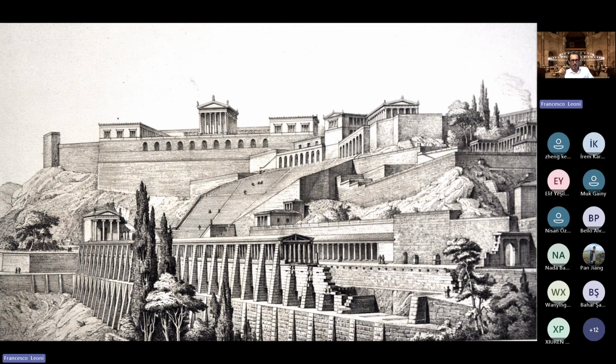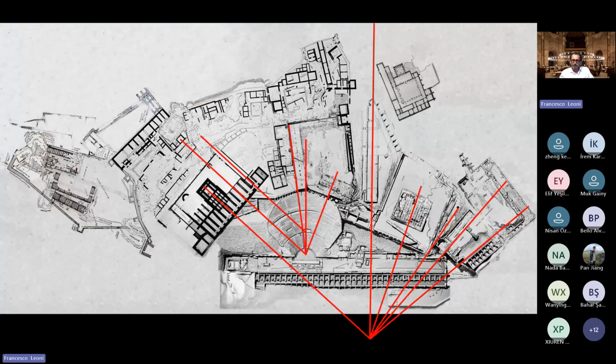And also in this view, you can admire how the different elements that can be clearly related in the plan actually are more difficult to be connected because of the slopes and all the difference of height.